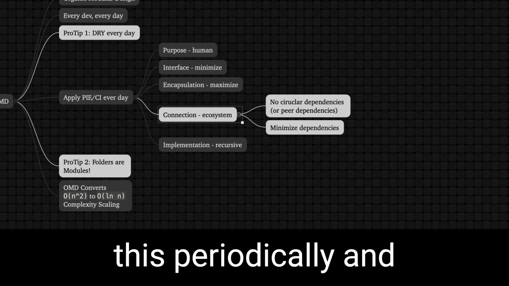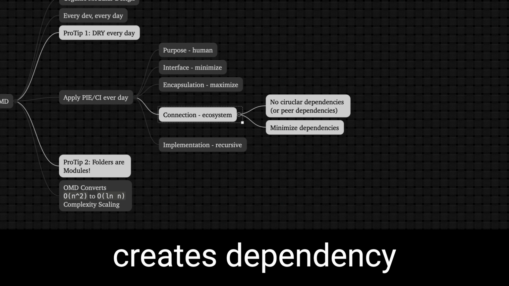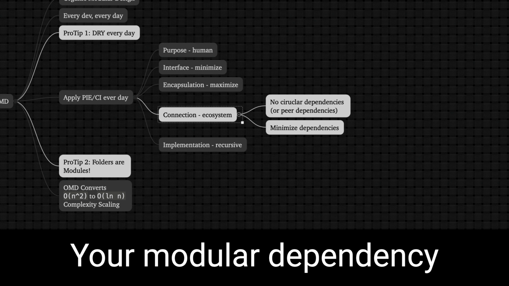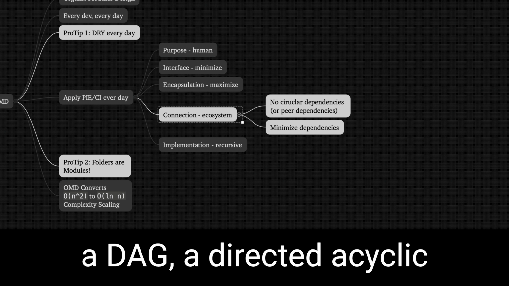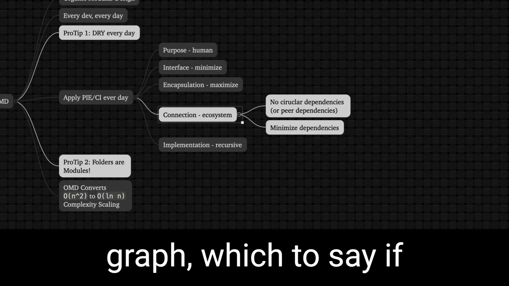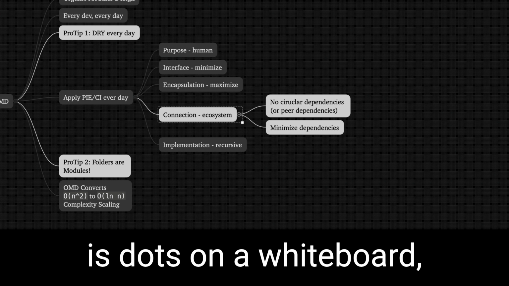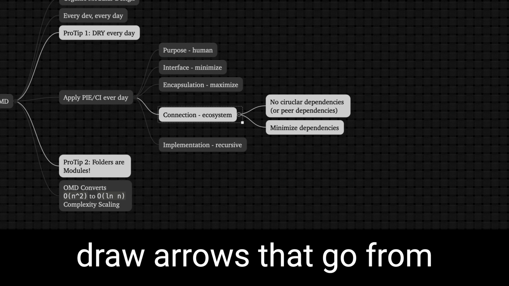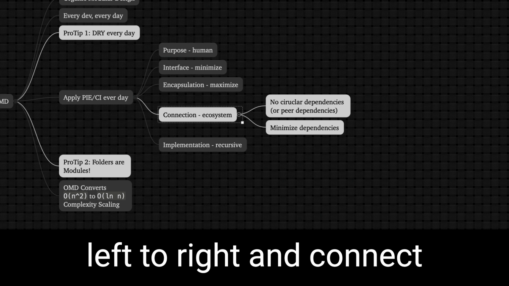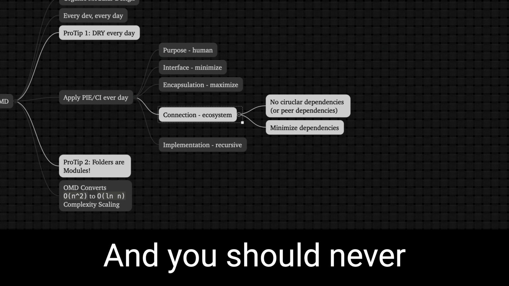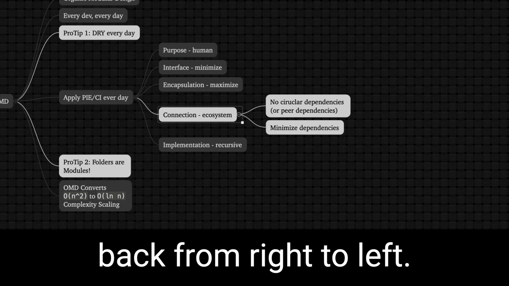I do see people do this periodically, and it just creates dependency nightmares. Your modular dependency graph should always be a DAG, a directed acyclic graph, which is to say if you put all your modules as dots on a whiteboard, you should be able to draw arrows that go from left to right and connect all of the dependencies. And you should never have to draw an arrow that goes back or curves back from right to left.